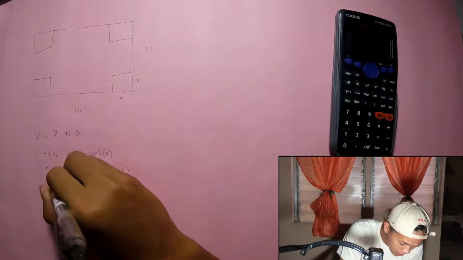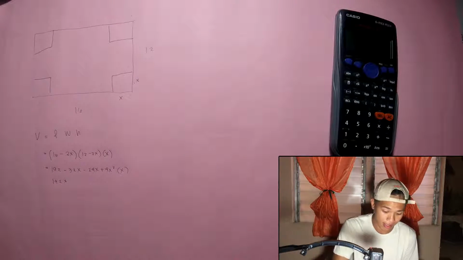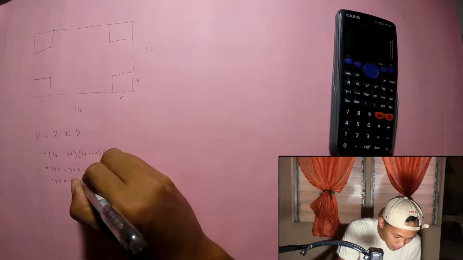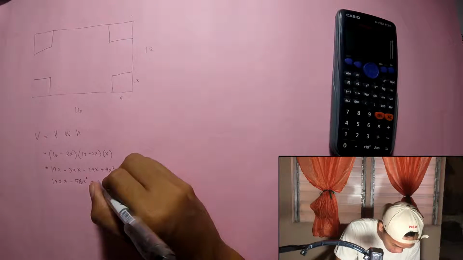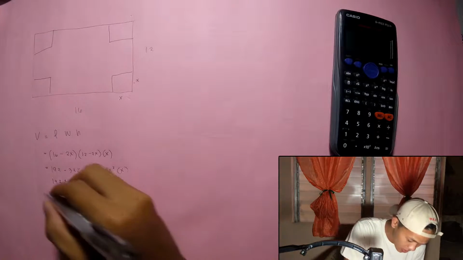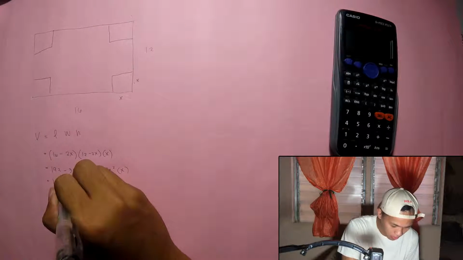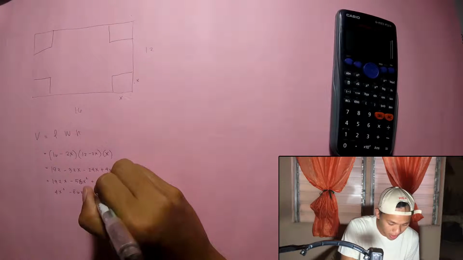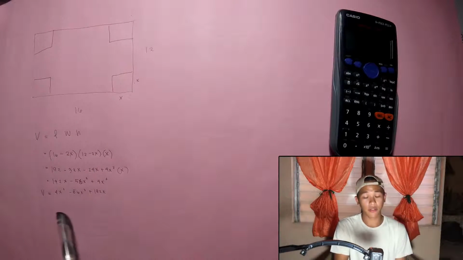So we have 192x, and then we already know that it's 56, so this is negative 56x squared, and then 4x cubed. Now let us arrange them according to their degree. So 4x cubed minus 56x squared plus 192x. So now we have our volume.